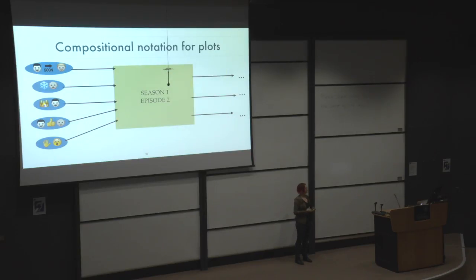And then we can draw a box around the whole thing and say, now we can summarize this whole story as season 1, episode 2, or something like that, and have an interface with which we can start to assemble this kind of Lego brick with the other Lego bricks of the story, where other things are happening separately and outside of this particular set of interactions. If you're curious about the algebraic properties of these sorts of structures, you can look into symmetric monoidal categories, or if you already know what those are, maybe you can think of it as an exercise to work out how this fits that pattern.